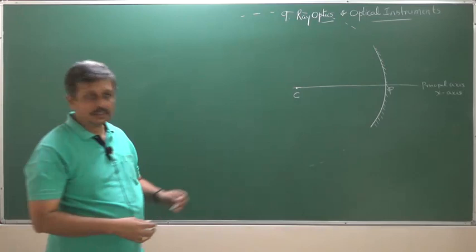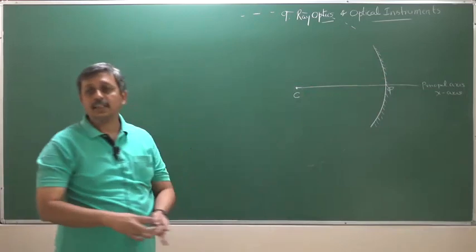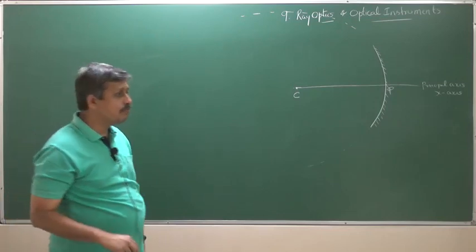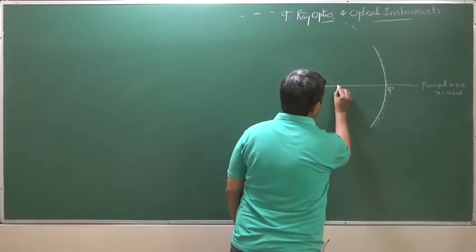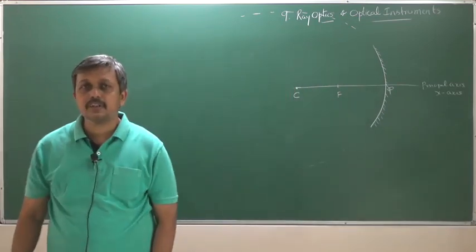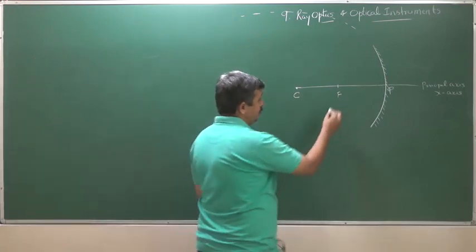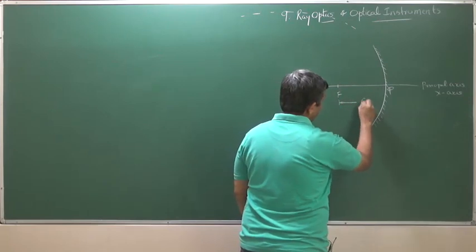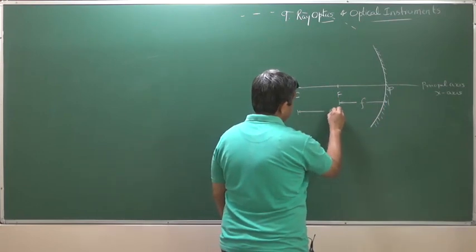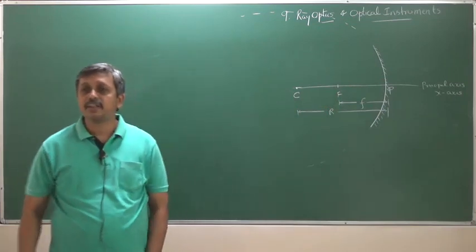If you take a compass and keep it at one point here and the other point here and draw like this, that's when you get the correct curvature. That is the center of curvature. And we have also found that there is a point here called F, the principal focus. The distance to this one we called the focal length, and the distance to this point we called the radius of curvature. These are some of the terms that we are already familiar with.